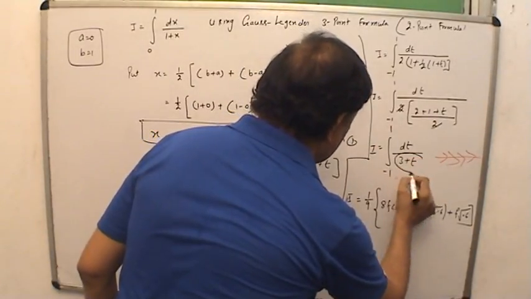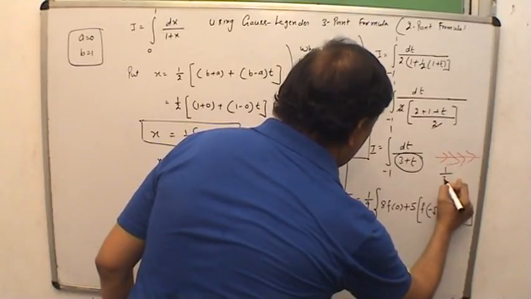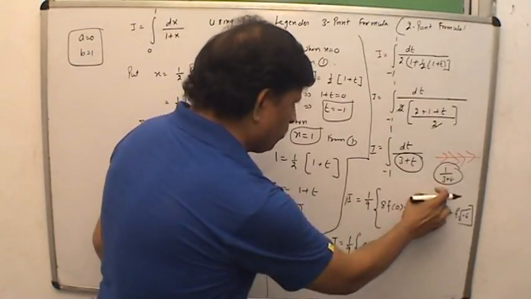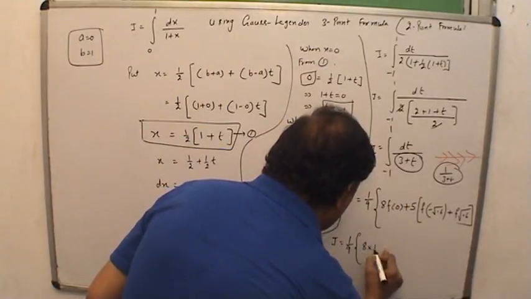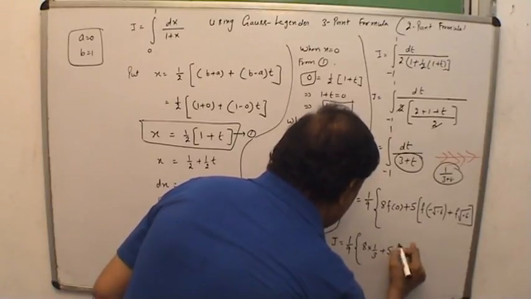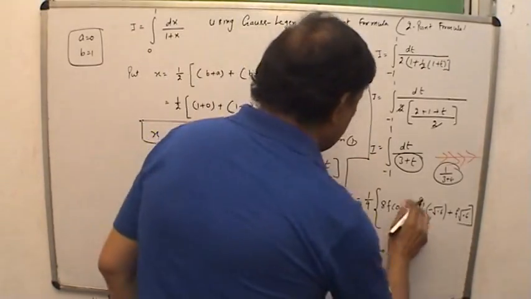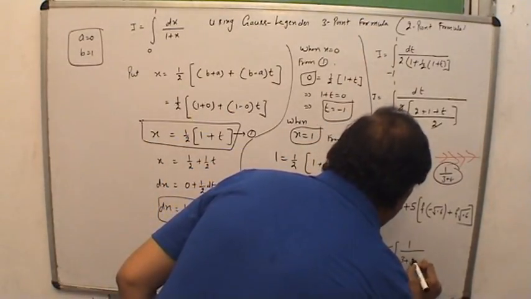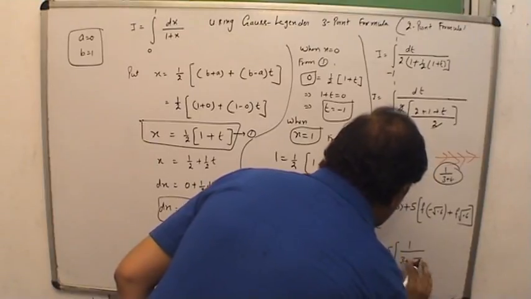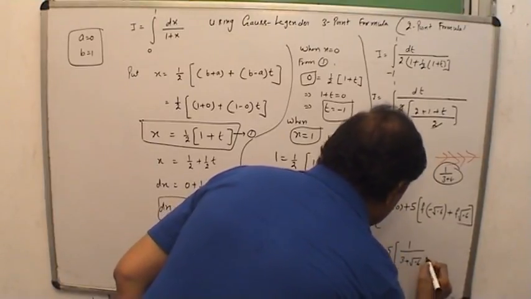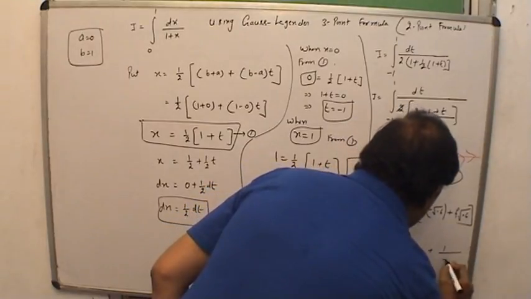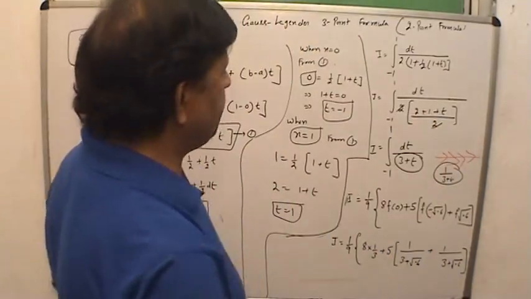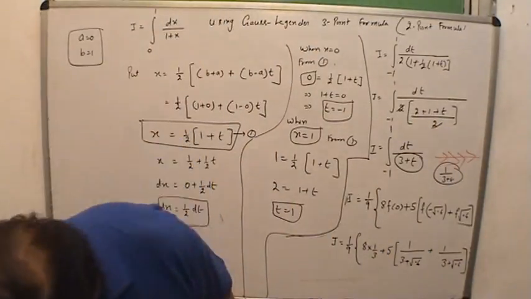Here the function is 1 upon 3 plus t. If we put t is equal to 0, we get 8 into 1 by 3, plus 5 times, 1 upon 3 minus under root of 0.6, plus 1 upon 3 plus under root of 0.6. If it were the 2-point, we would have used the 2-point formula here.